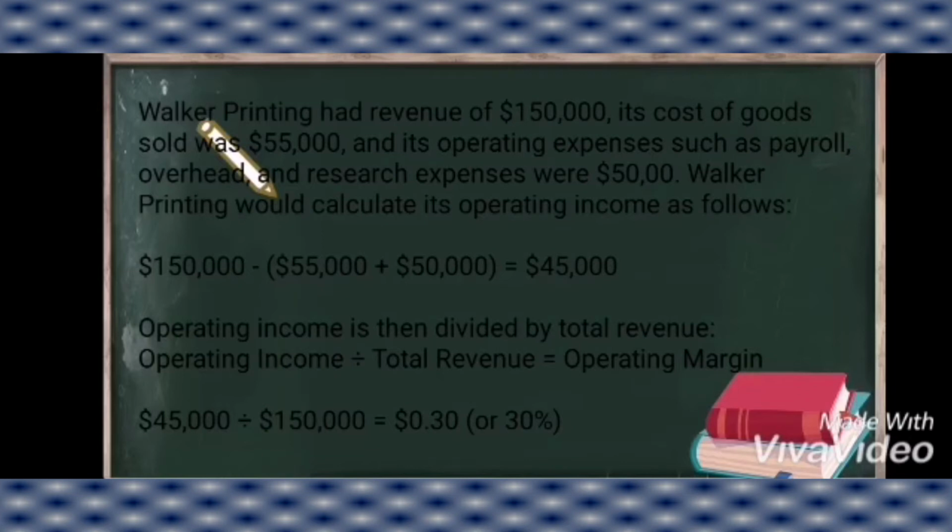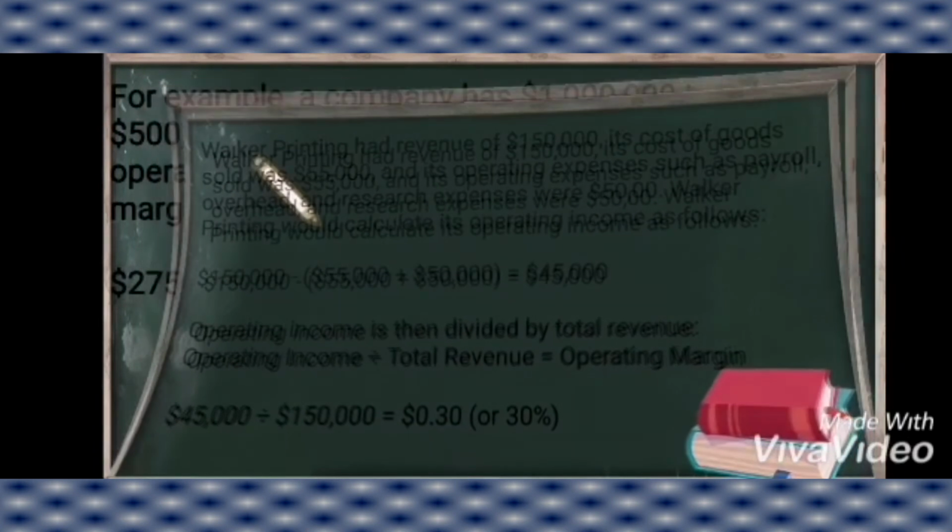So 150 minus 105 is equal to 45,000. So mao na siya. So i-divide na nato siya. 45,000 divided by 150 na net sales is equal to 0.30 or pwede na to siya i-percent na 30%. Next.